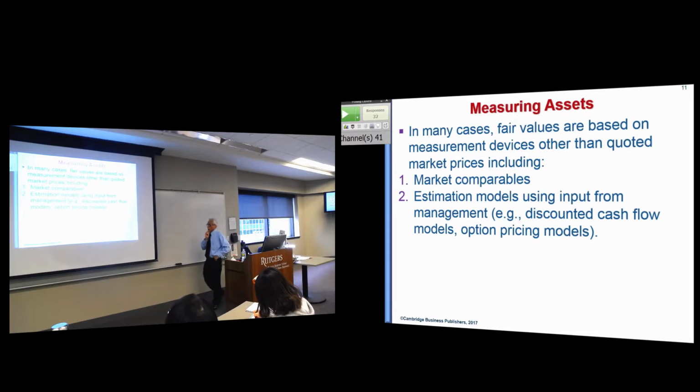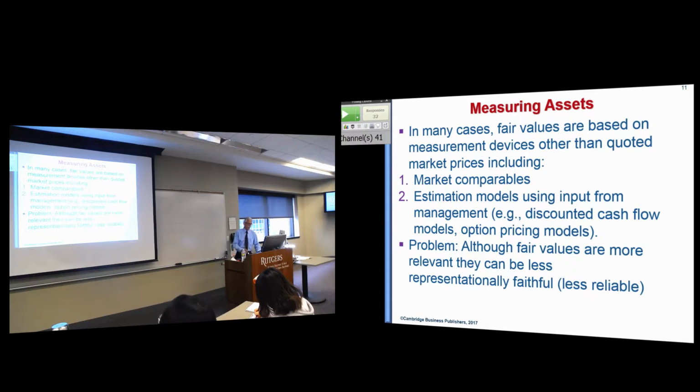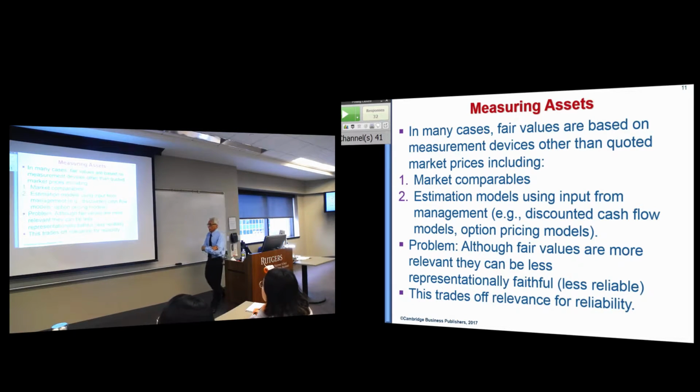Market comparables are not as reliable as quoted market prices, and the estimation models are much, much less reliable than even the market comparables. So again, the fair values in this case are more relevant, but they're less reliable, and that's of course our trade-off, that we generally have relevance for reliability or relevance for faithful representation.